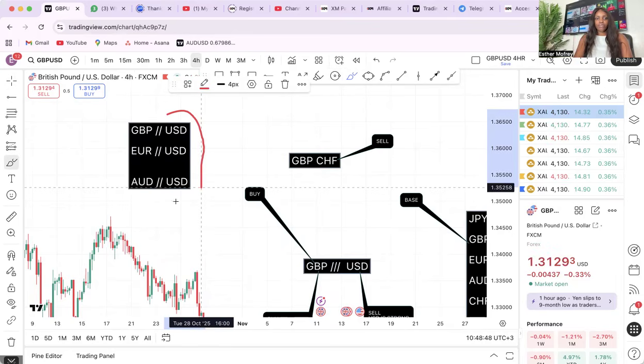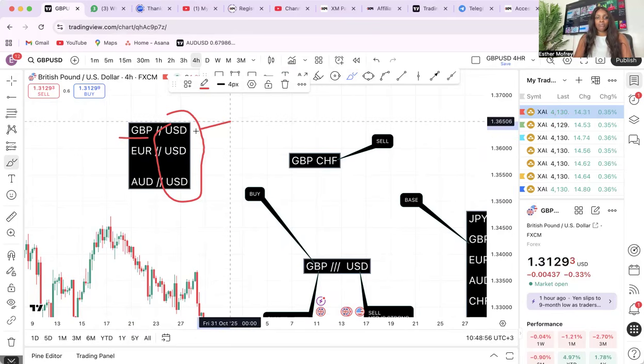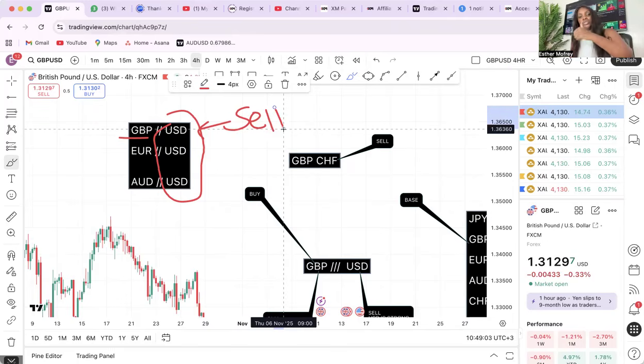Meaning, if you sell GBP USD, you say USD has more power. So if I come here and say I want to sell, you go to your MT4 and place a GBP USD sell. What you're saying in simple terms is, USD has more power.